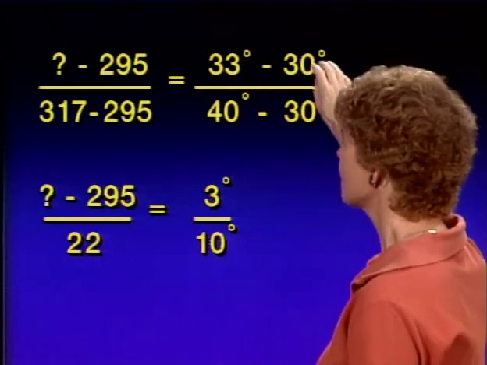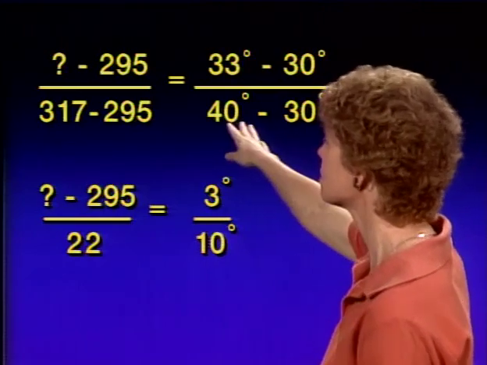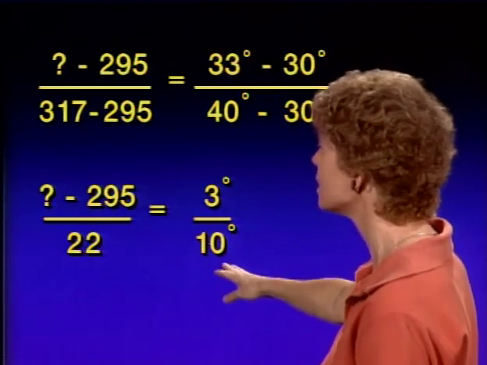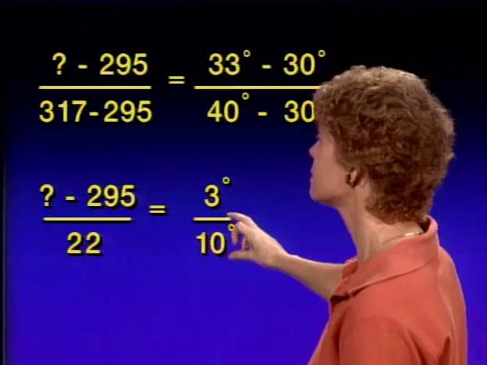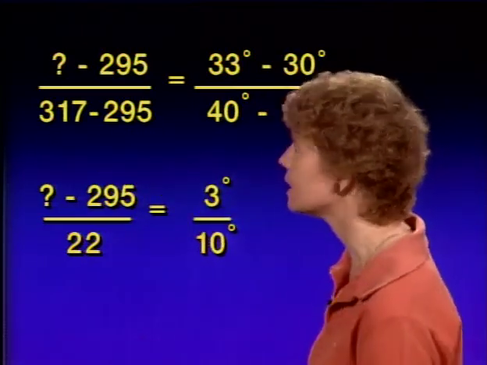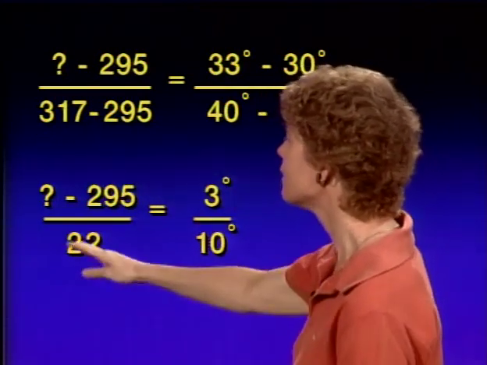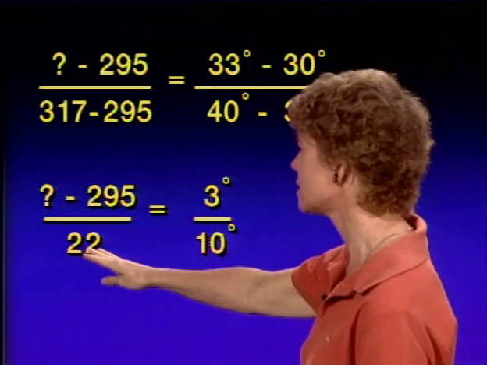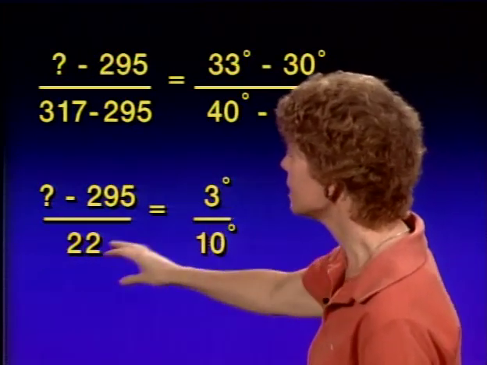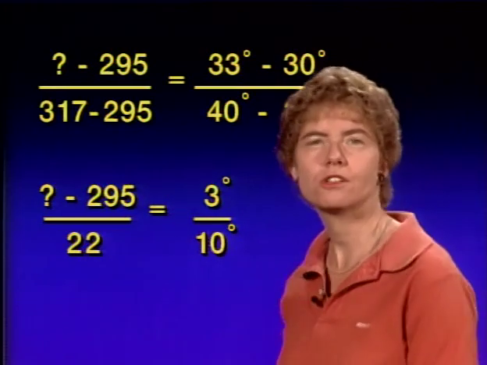The difference between 30 and 33 degrees is 3 degrees, and between 30 and 40 degrees is 10 degrees. So we want to be 3/10 of the way between 295 and 317. The difference between 317 and 295 is 22 psi, and we want to take 3/10 of that 22 and add it to the 295.